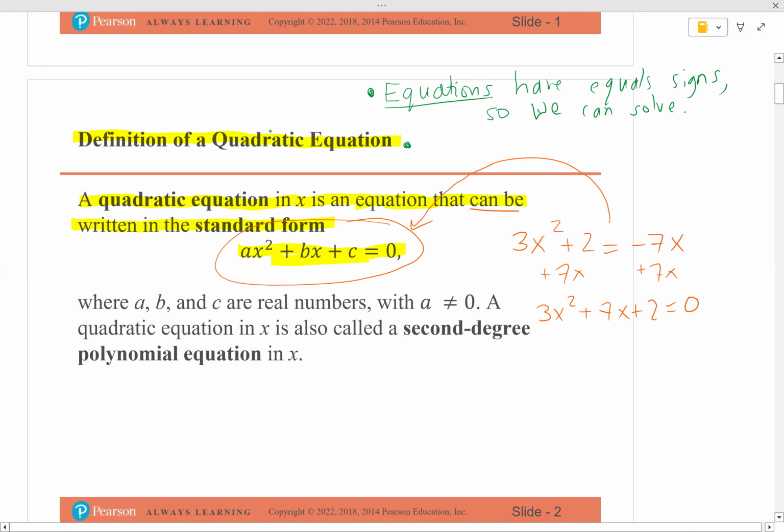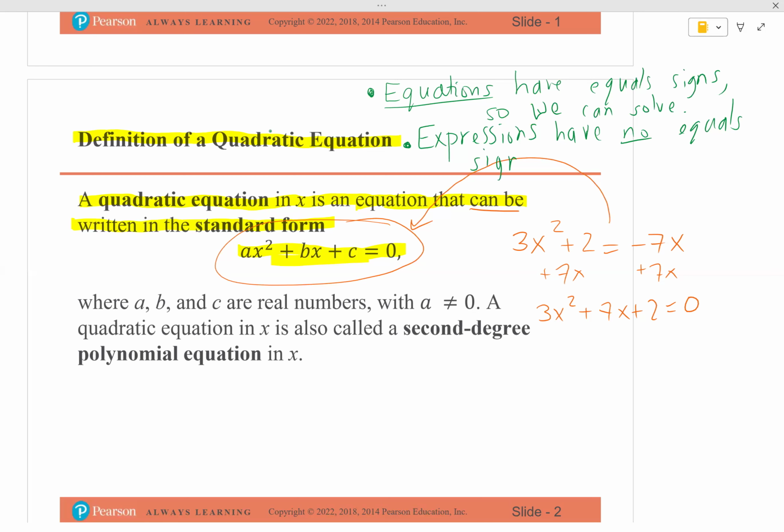But sometimes, like in the very first few sections we did in this class, you have an expression. Expressions have no equal sign. There's usually only one equal sign, if anything. So expressions cannot be solved, only simplified.